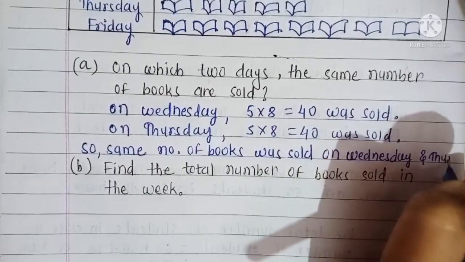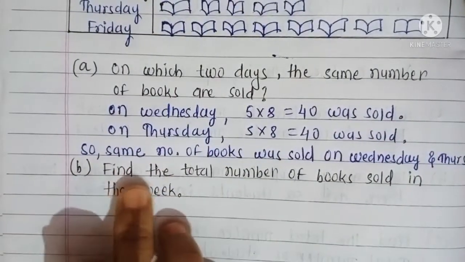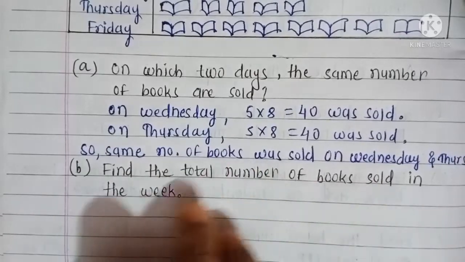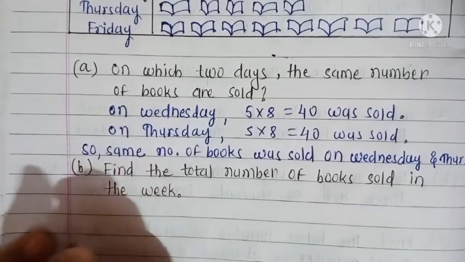Next B. Find the total number of books sold in the week. For that, we find the sum of number of books sold in each day.